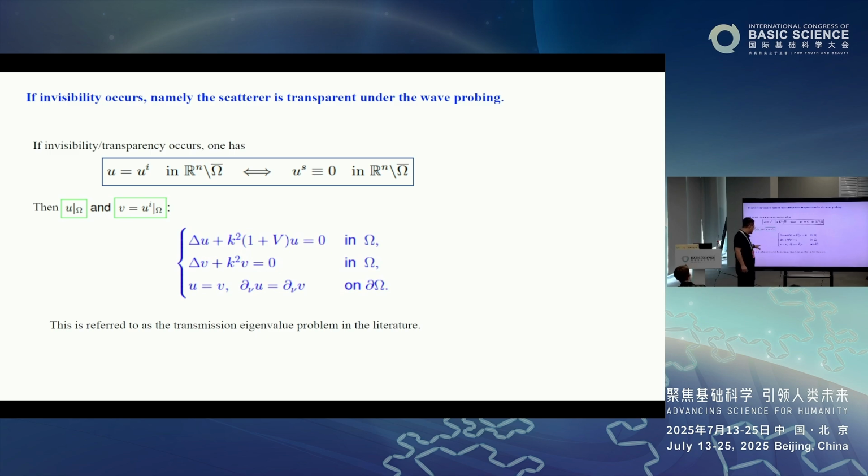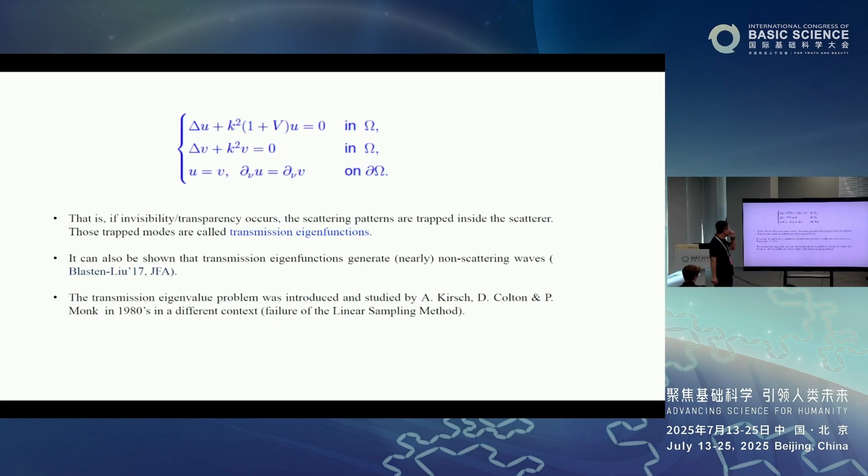So again, in the literature, this is called the transmission eigenvalue problem. That means if invisibility or transparency occurs, the scattering patterns are trapped inside the scatterer. Those trapped modes are called transmission eigenfunctions. And it can also be shown that transmission eigenfunctions generate non-scattering waves.